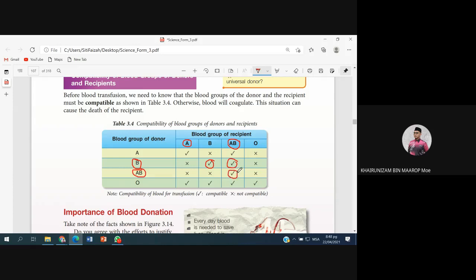Tidak boleh derma kepada yang lain. If you have O type blood, so you can donate to others. Semua akan terima.